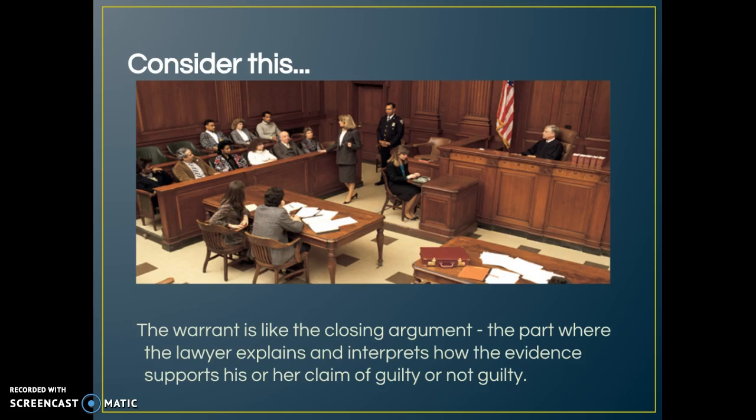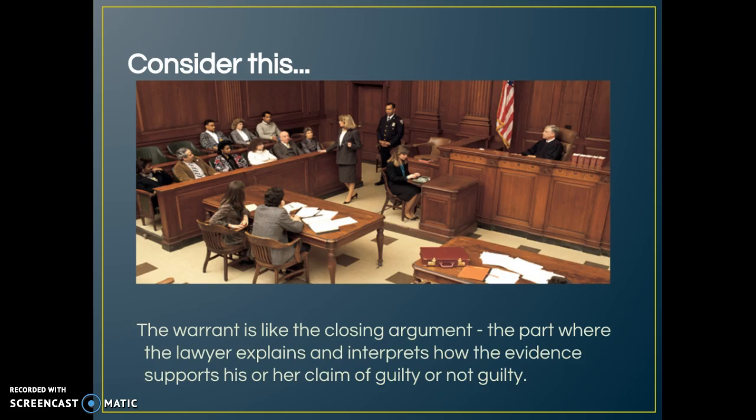All right? Then her next job is to lay out the evidence. So perhaps she has expert witnesses, perhaps she has facts and statistics, perhaps she has things like fingerprints, etc. So she brings forth the evidence to make her case.